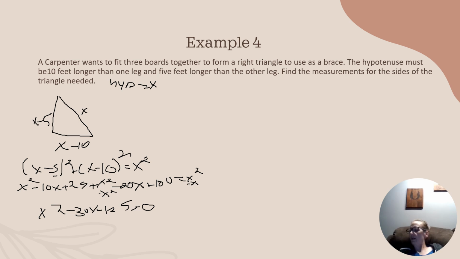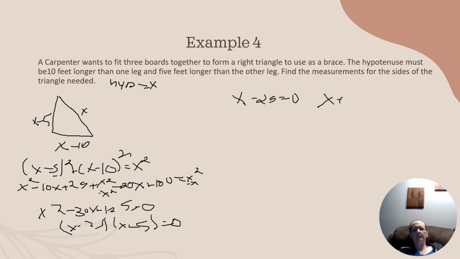That is 25 and 5. So the 25 needs to be negative, and the 5 needs to be positive. So I have x minus 25 equals 0, and x plus 5 equals 0.